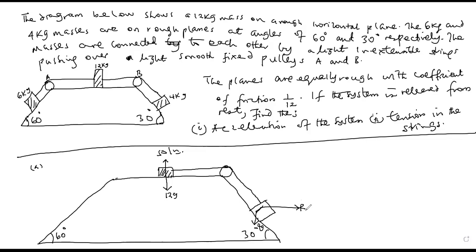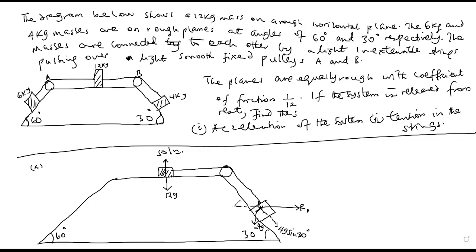Let me call it R1 with respect to this mass. It implies that here it will be 4G sine 30, indicating these forces helps you resolve better.